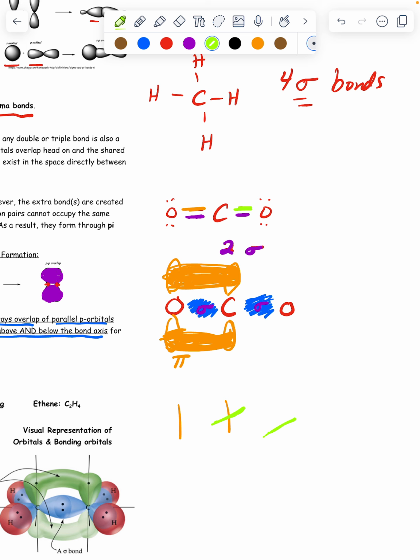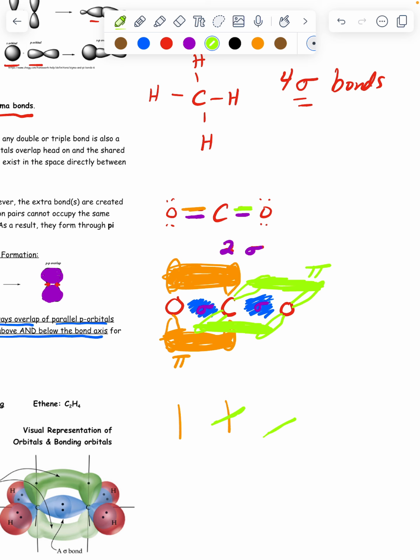And so I'll try to draw that. It's a little hard with only 2 dimensions, but there is another p orbital. There's another way for the p orbitals to be parallel, and it's kind of sticking in and out of the board. You might think of it as like the z axis in math class, the one that would stick in and out of the page. And so there's another orientation for this other pi bond to go.